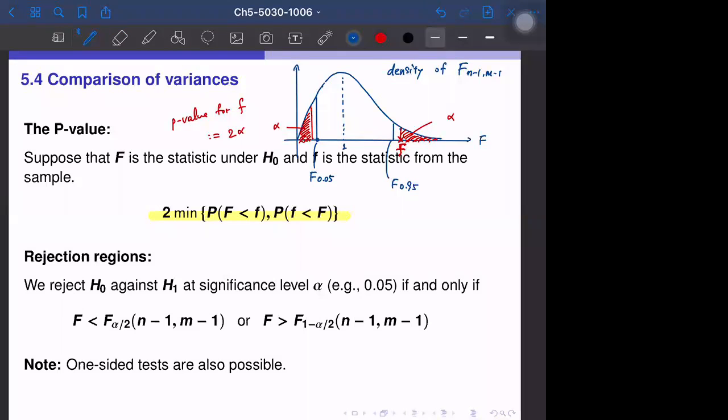The rejection region at the 10% significance level is this range and this range, this area and this area. The sum of these areas is the rejection region.